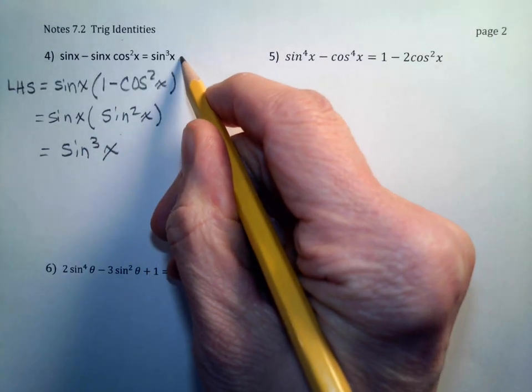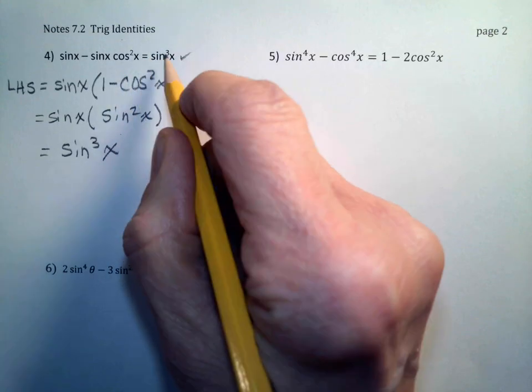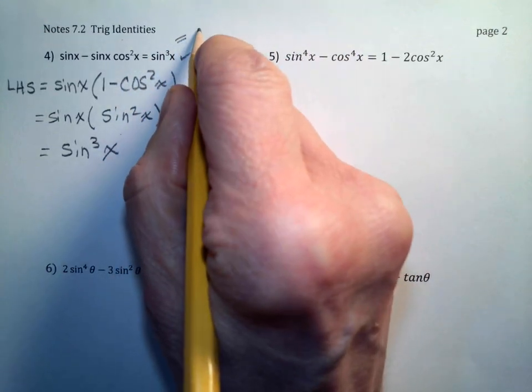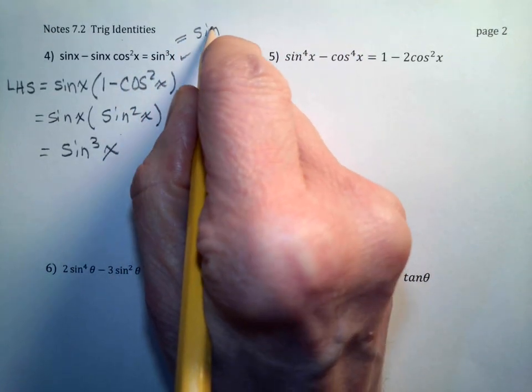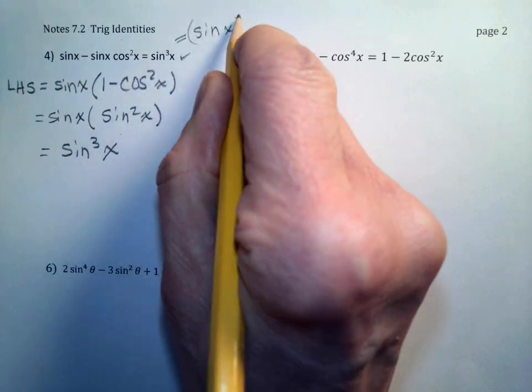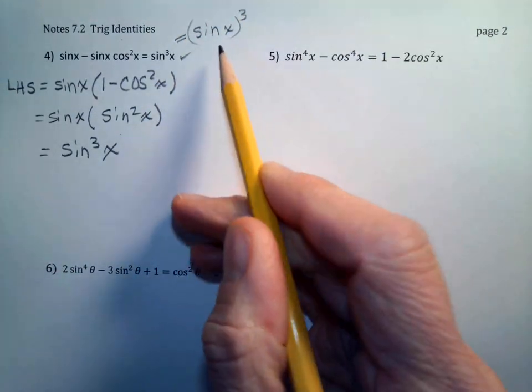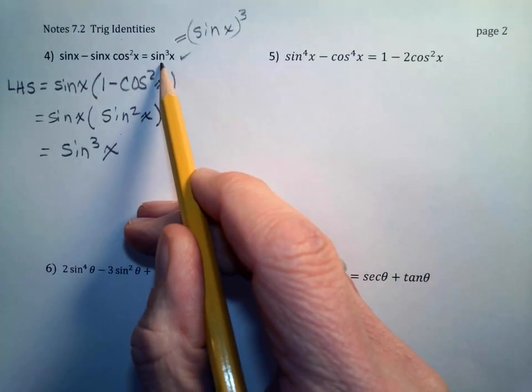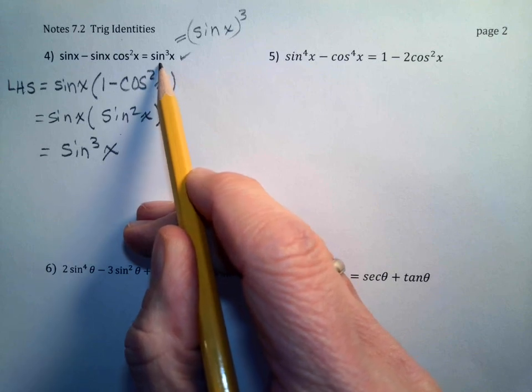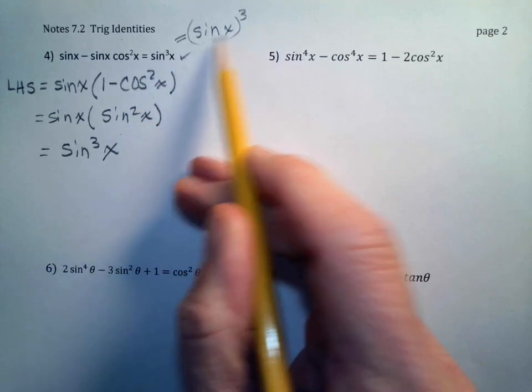That's really equal to sine of x quantity cubed, but we write it more simply without the parentheses. This and that mean the same thing.